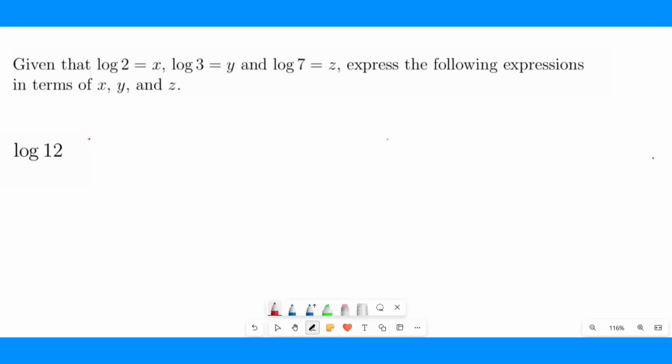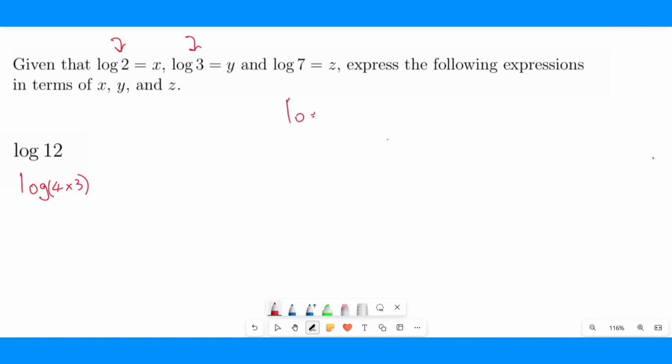Now, what we're going to do is find a way to rewrite 12 using these numbers. If you think about it, 12 can be represented as the log of 4 times 3, right? So the log of 4 times 3 is basically the log of 12.